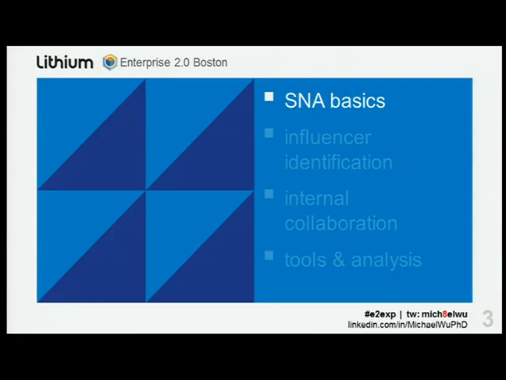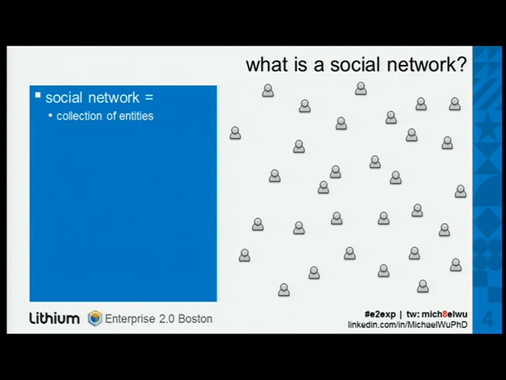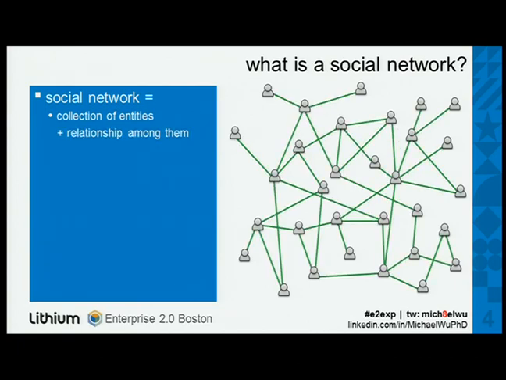So in order to understand what social network analysis is, we must first understand what a social network is. A social network is basically a collection of entities plus the relationships among them. The entities that we are interested in are typically people.